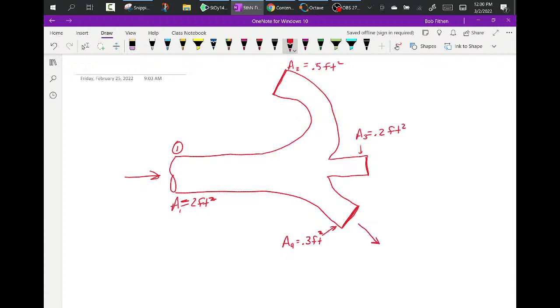And first thing I'm going to say, let's say it's water. Density is 1.94 slugs per cubic foot.